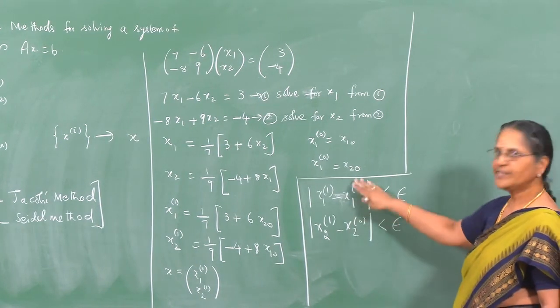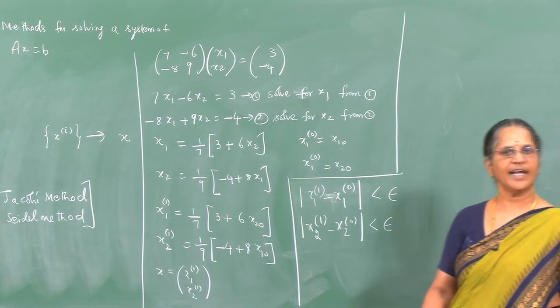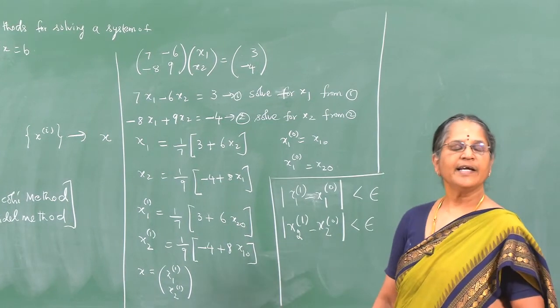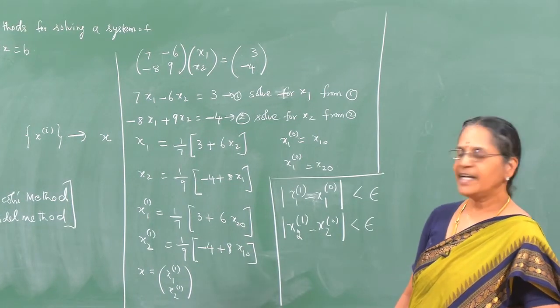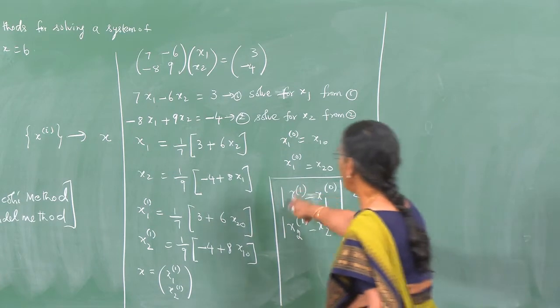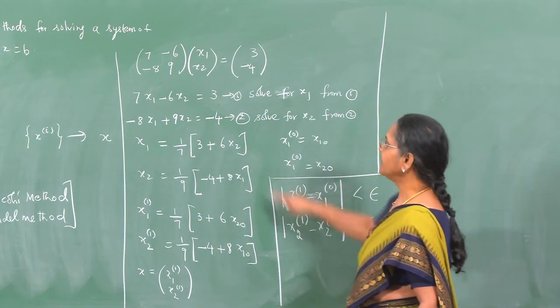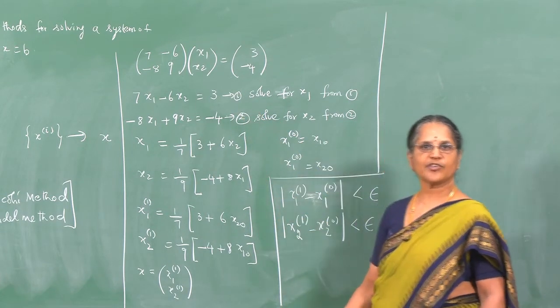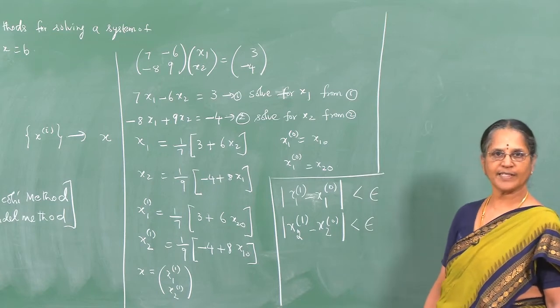If both these conditions are satisfied, then I can stop my computations and take x1^(1) and x2^(1) to be the solution of this system correct to the desired degree of accuracy.